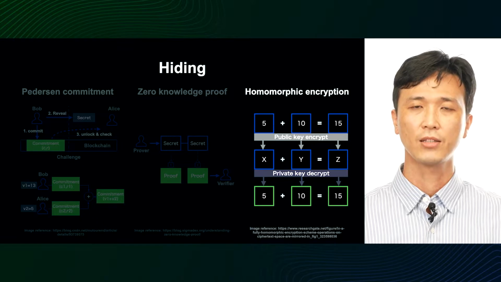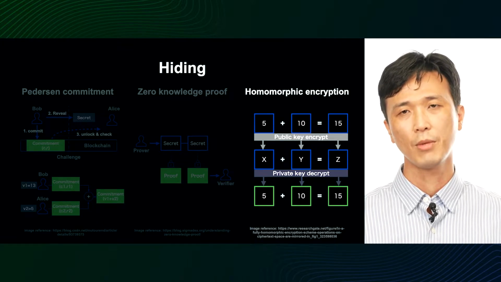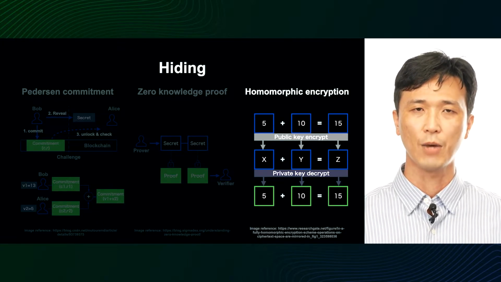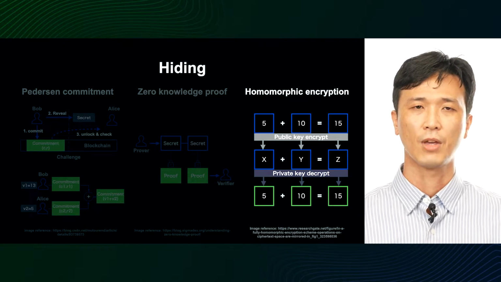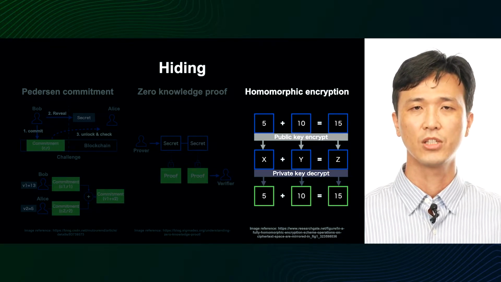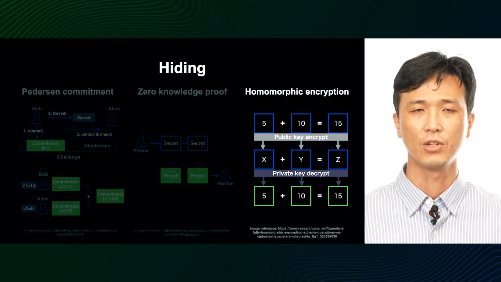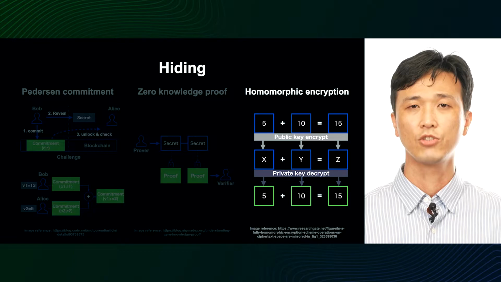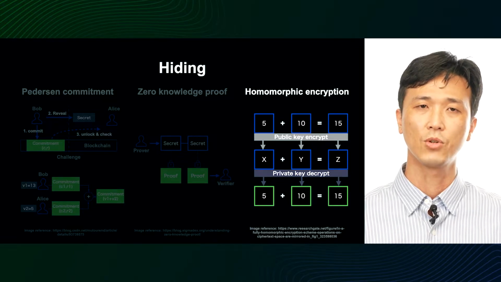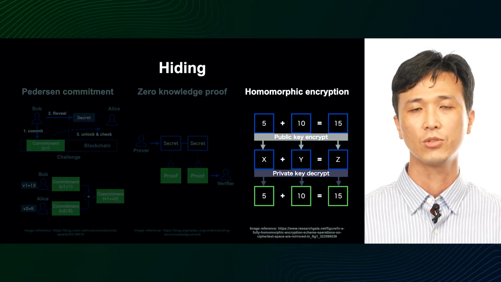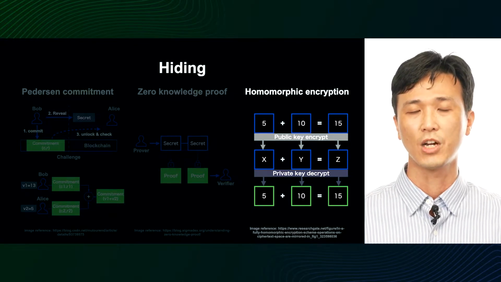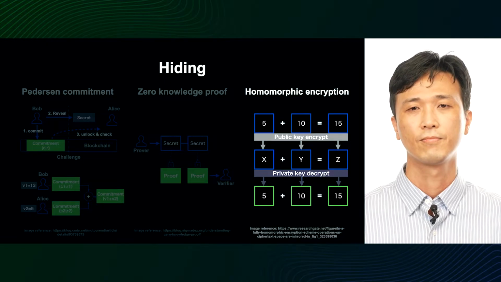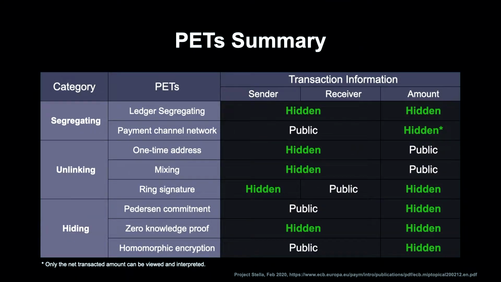Homomorphic encryption is an algorithm that enables four-way operations, including addition and multiplication, while data is encrypted. But this is not fast and efficient enough to be used on blockchain, so it's not used in blockchain yet. However, as technology advances, I guess it can be used in blockchain in the near future. So the LINE Blockchain development team is also researching it so that we can use this in the near future.